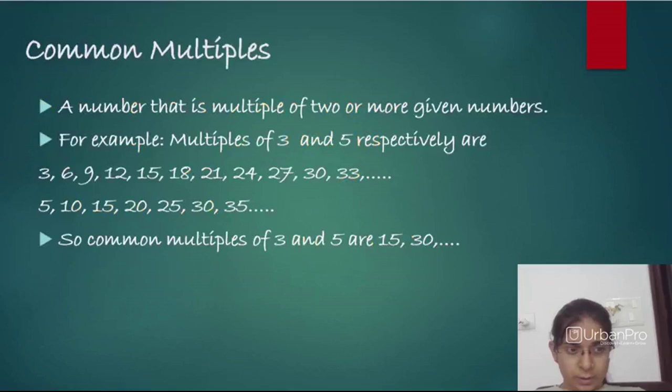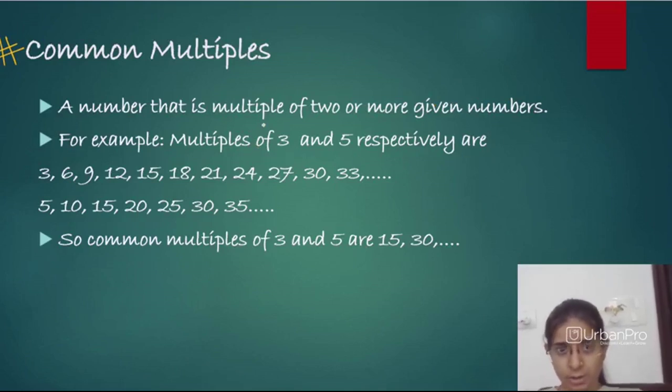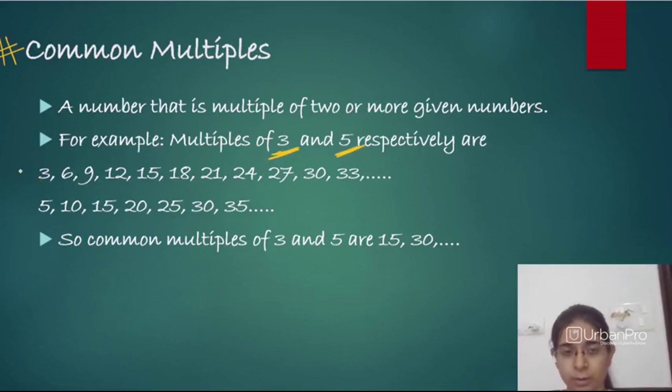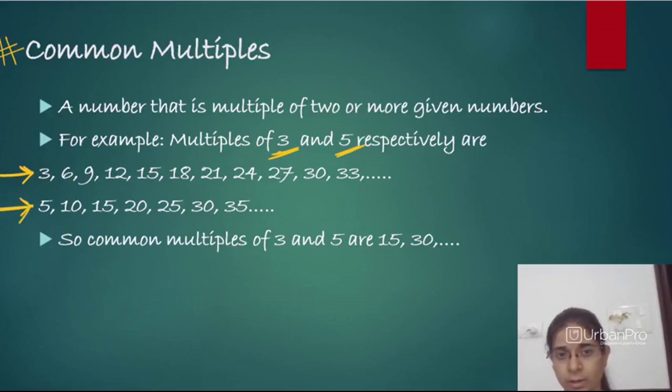Alright, now let's see another topic. What are common multiples? A number that is a multiple of two or more given numbers is called a common multiple, as the name suggests. For example, let's find the common multiples of two numbers, 3 and 5. We will write all the multiples of 3 in one row and all the multiples of 5 in another row. 3, 6, 9, 12, 15, 18, 21, 24, 27, 30, 33, and so on. And then all the multiples of 5 in the next row: 5, 10, 15, 20, 25, 30, and so on.